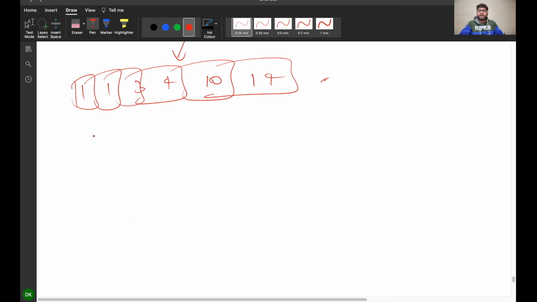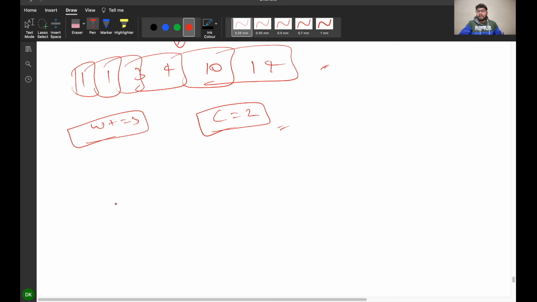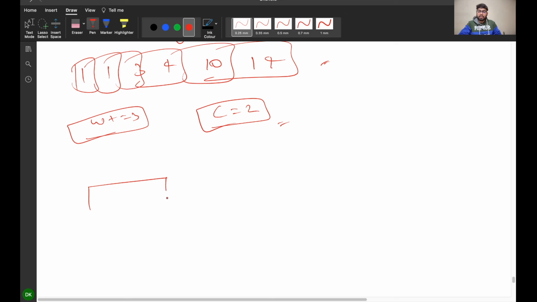So let's take waiting time equal to 3. I have given a bus capacity of 2. Let's say I have bus number 1, and initially the current people is 0. So I pick 0, 1, 2, 3, 4, 5. I pick the first person and place it into bus number 1.